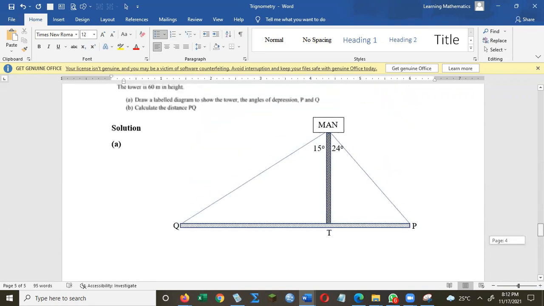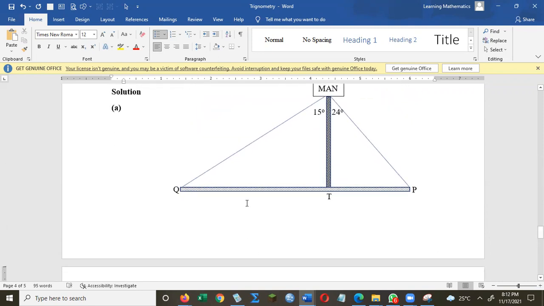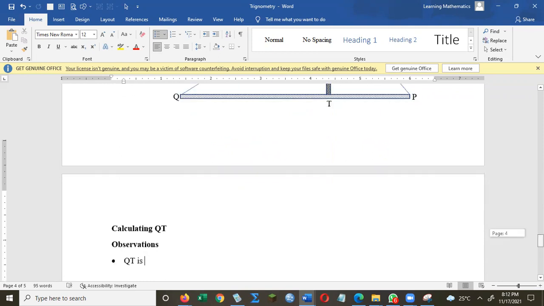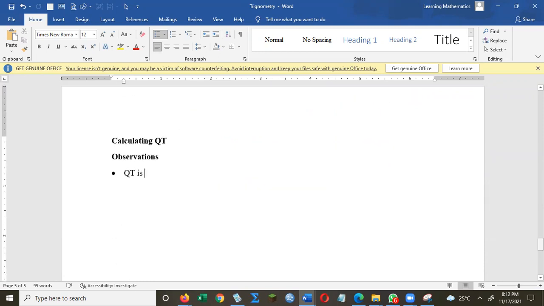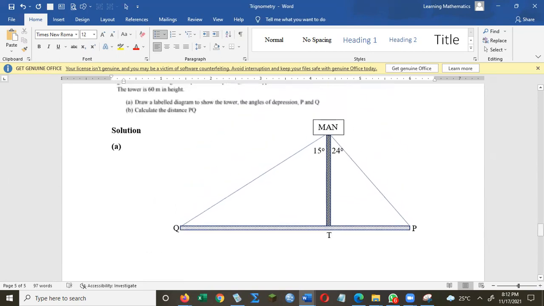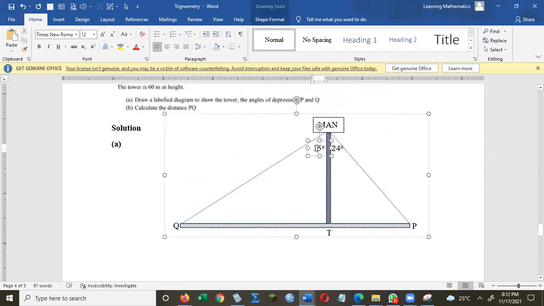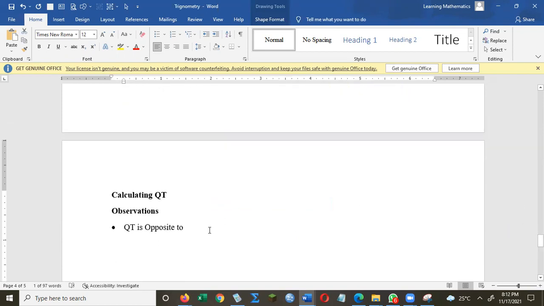So QT now is opposite to 15 degrees. QT is away from 15. So we mentioned opposite, so most likely it might be tan again. We just have to see which adjacent we're going to mention.